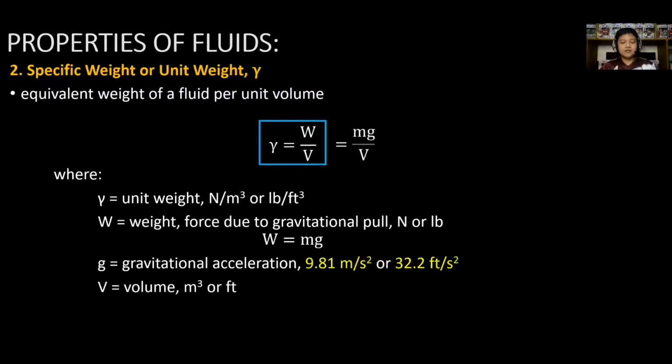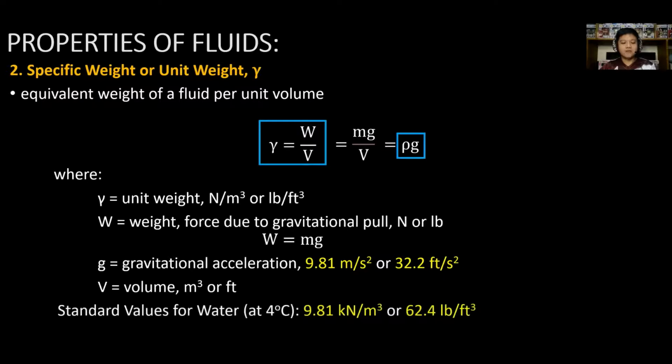If we substitute the equation of weight, the relationship of the unit weight and density is gamma equals rho times g. Note that for water, the standard value for unit weight is 9.81 kilonewtons per cubic meter in metric, or 62.4 pounds per cubic foot in English.